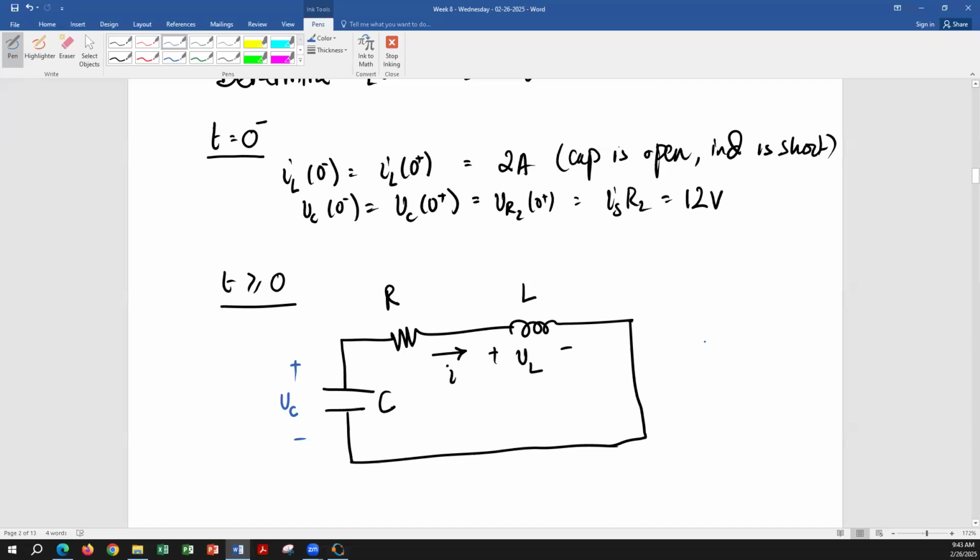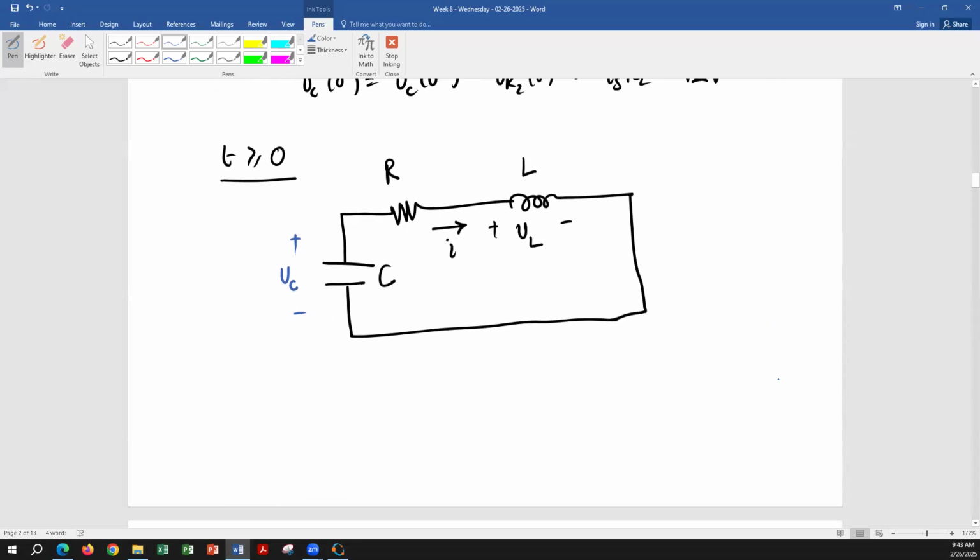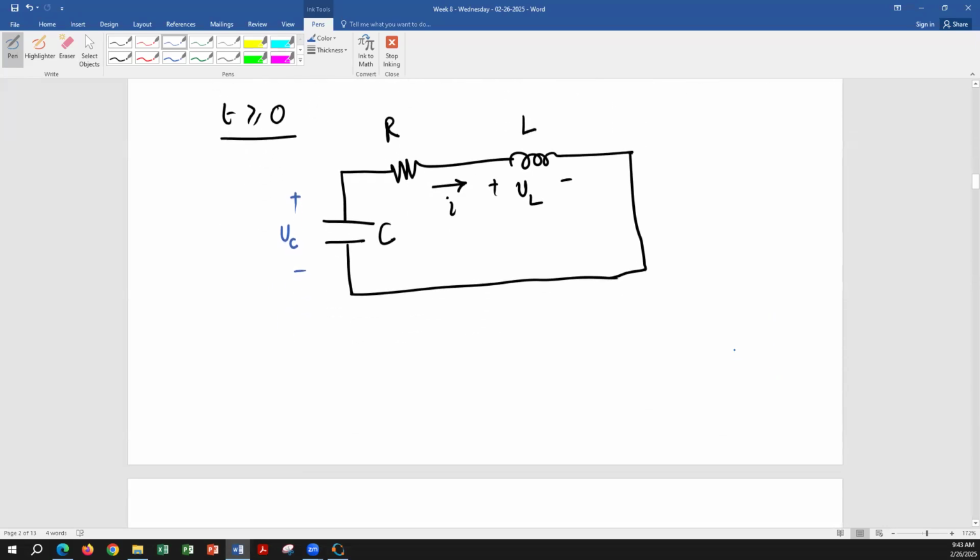So initially, the capacitor will start dissipating its energy, and then the inductor is going to start charging the capacitor in the opposite direction until it is fully charged, during which the inductor is going to be dissipating its energy. So now we have to solve for VL and the current I, which is IL basically.